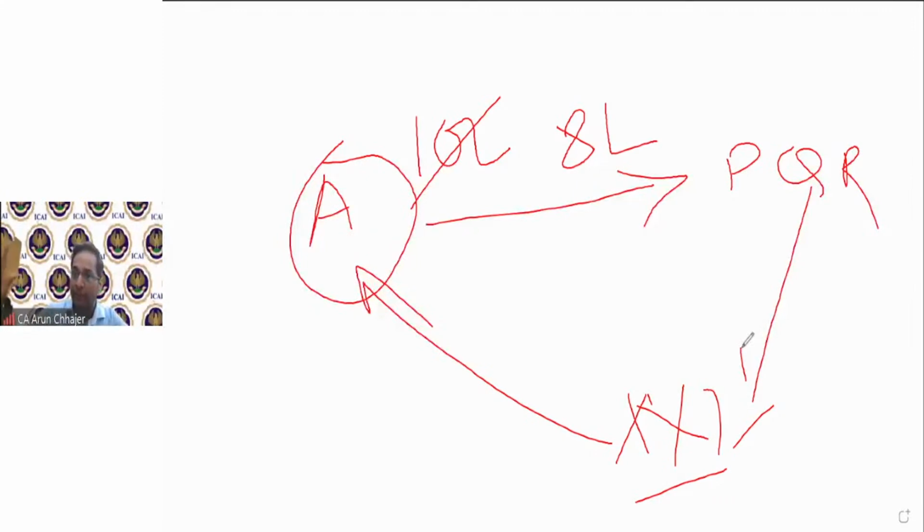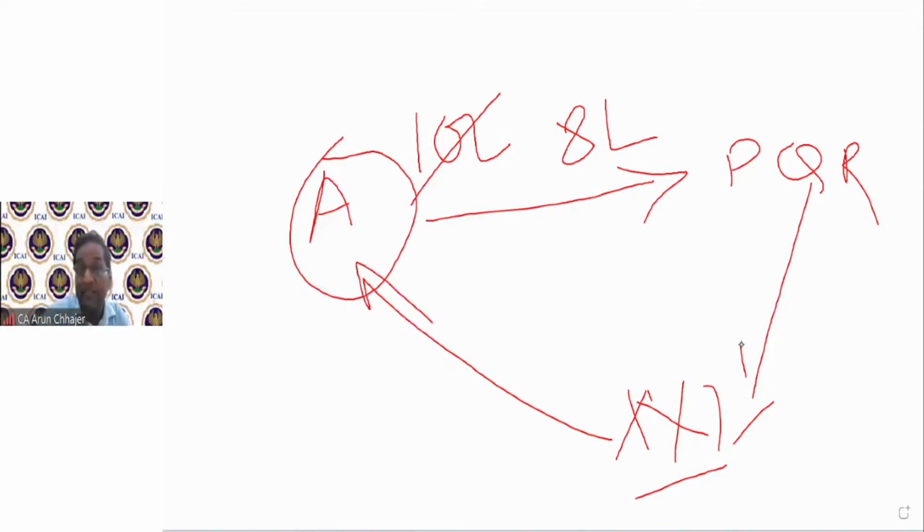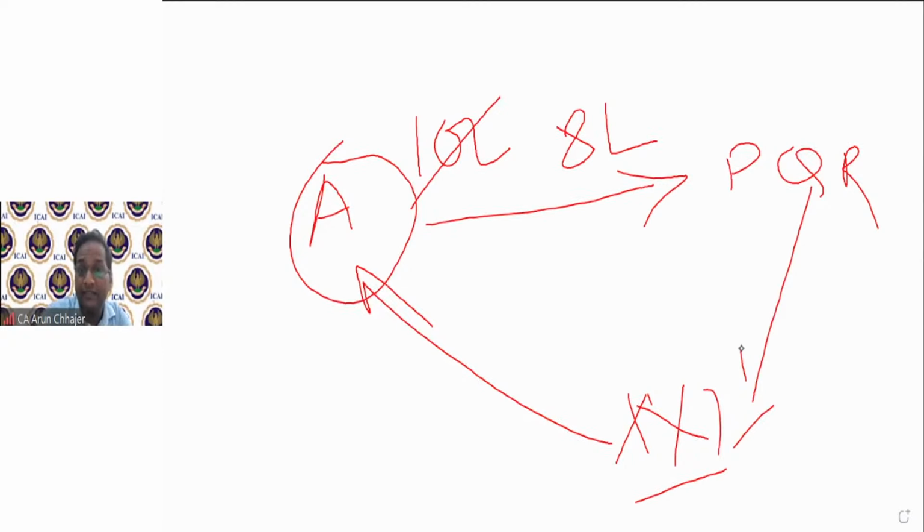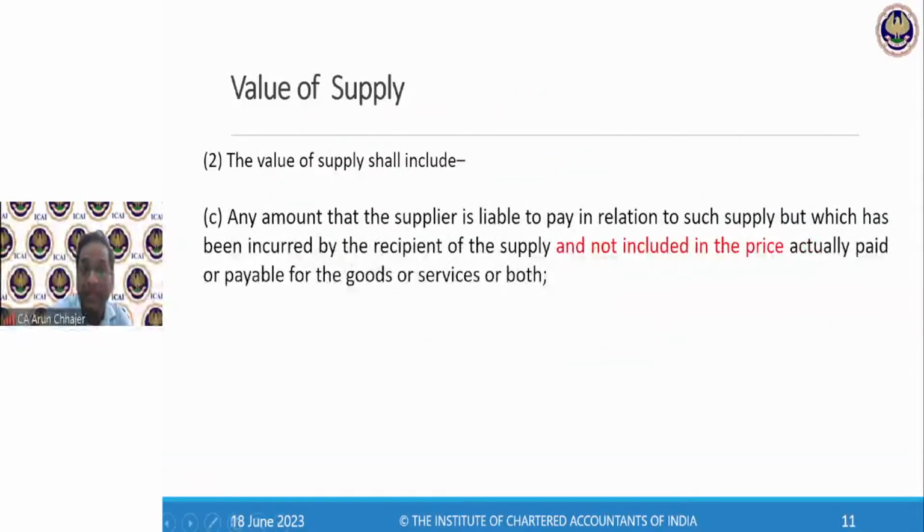See, only if the payment is made by PQR, that doesn't decide how much invoice value Mr. A is raising to PQR. Always remember the 3 conditions. What are the 3 conditions? First, that the supplier is liable to pay.